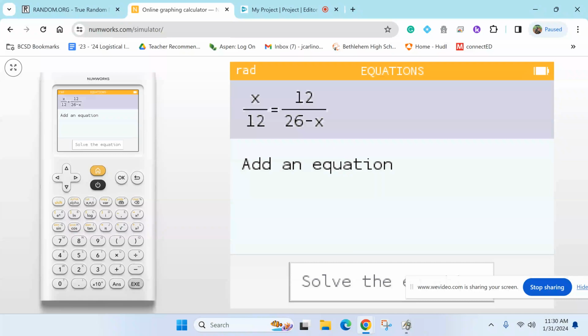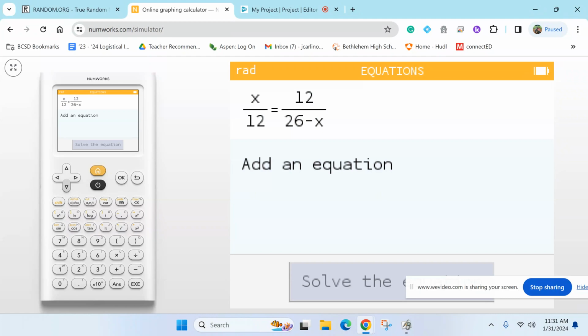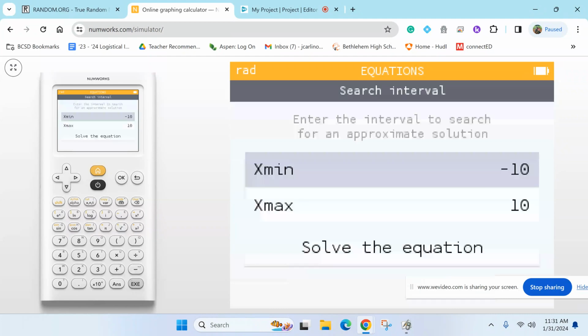Let me give you a suggestion. It's not a cheat code. It's a good suggestion. Some of you might get frustrated and never find those numbers, and you've wasted 5 minutes of a test. You're starting to panic a little bit. Remember, you set up a proportion. You can go to NumWorks, you can go to equations, right? Solve it. And this is only if you get stuck on factoring.